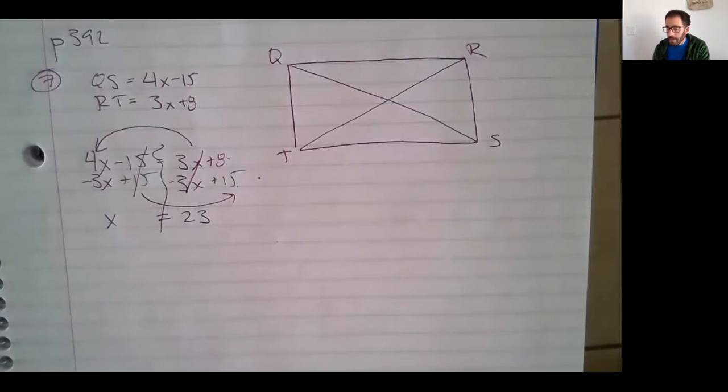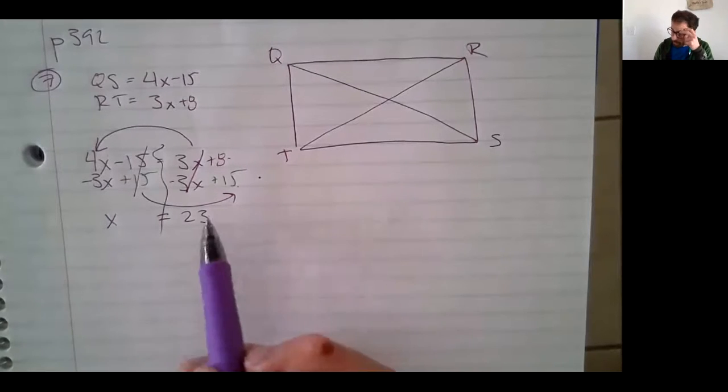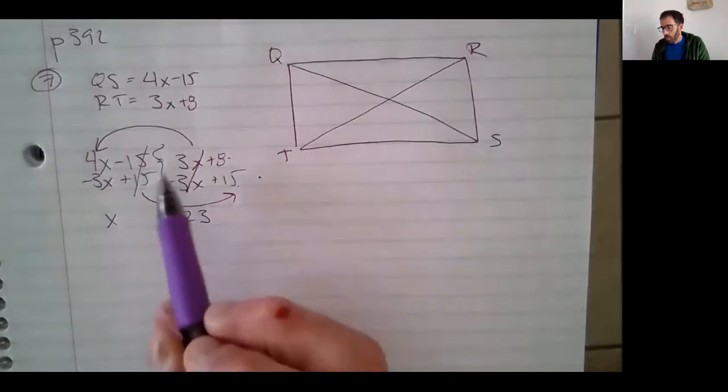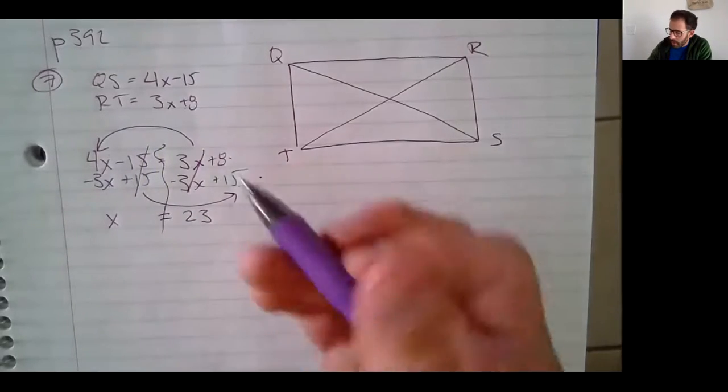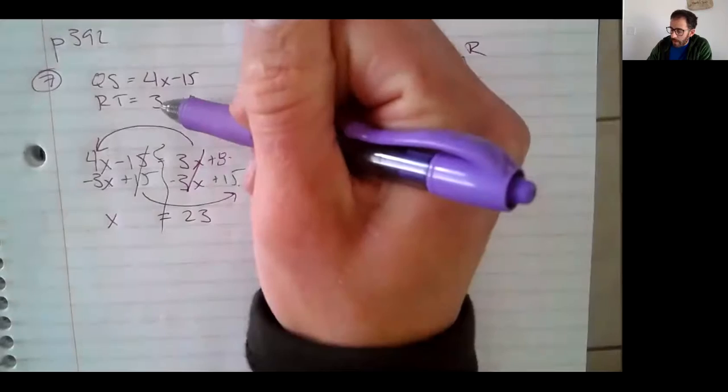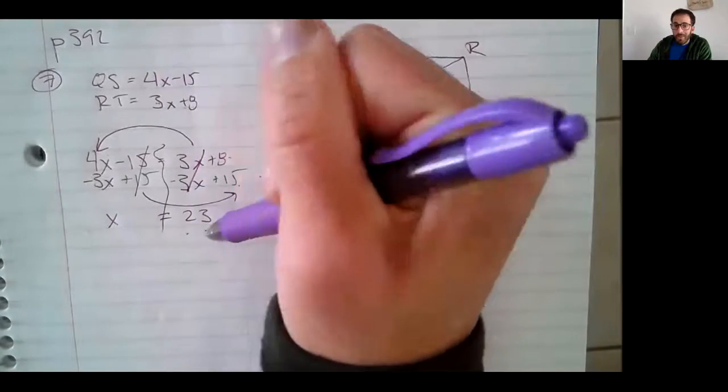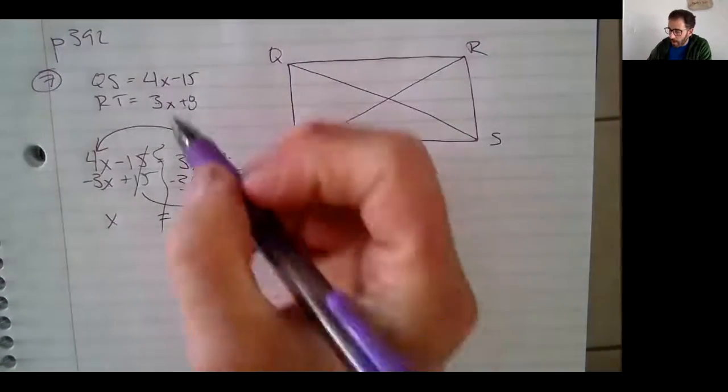All right, so we know x, but we did not answer the question because I believe, and I'm going to look back at the textbook, which you should always do, we need to find the lengths of the diagonals. So x is wonderful, but that's not what we're looking for. Now we just pick which one we want to use. I'm actually going to plug it into RT. I feel like I don't want to do subtraction. I also know that I can do 3 times 2 and 3 times 3 in my head and not have to carry anything over.